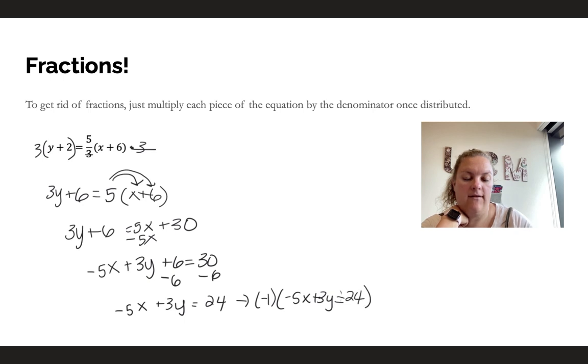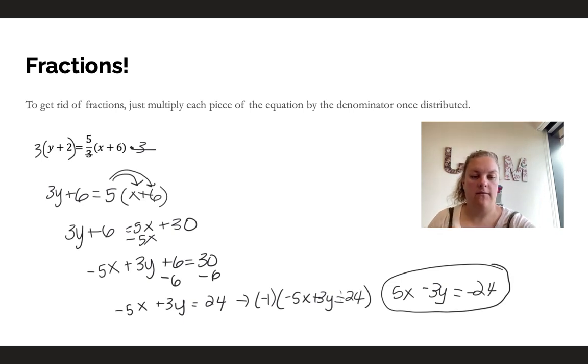That is going to give me 5x minus 3y equals negative 24. And that is written in standard form.